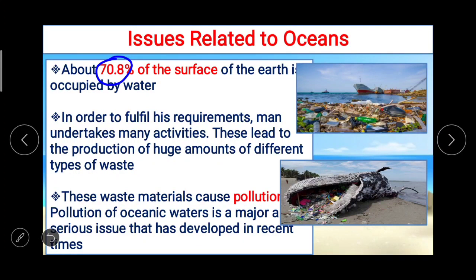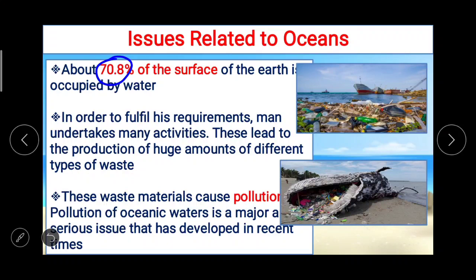About 70.8% of the surface of the earth is occupied by water, and if we take that as 100%, then 97 point near about is occupied by ocean water.